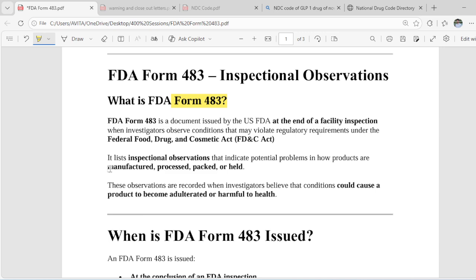It is the list of inspectional observations that indicate potential problems in how the product is manufactured, processed, packed, or held. And these observations are recorded when the investigator believes that the condition could cause a product to become adulterated or harmful to health.